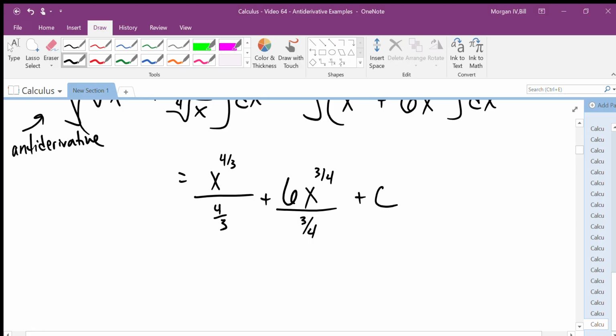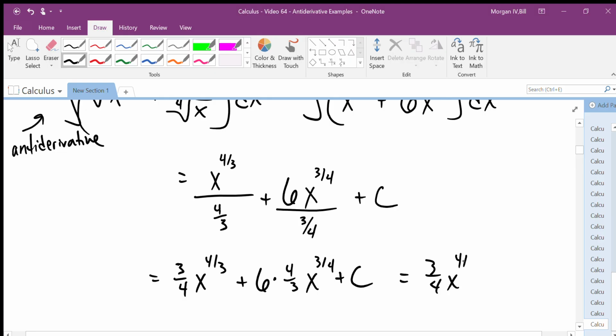Okay, and if I simplify here, dividing by 4/3, that's the same as multiplying by 3/4. X to the 4/3, plus 6 times, dividing by 3/4, that's multiplying by 4/3, x to the 3/4 plus c, or 3/4 x to the 4/3 plus, let's see, 24 divided by 3, it'd be 8 x to the 3/4 plus c.